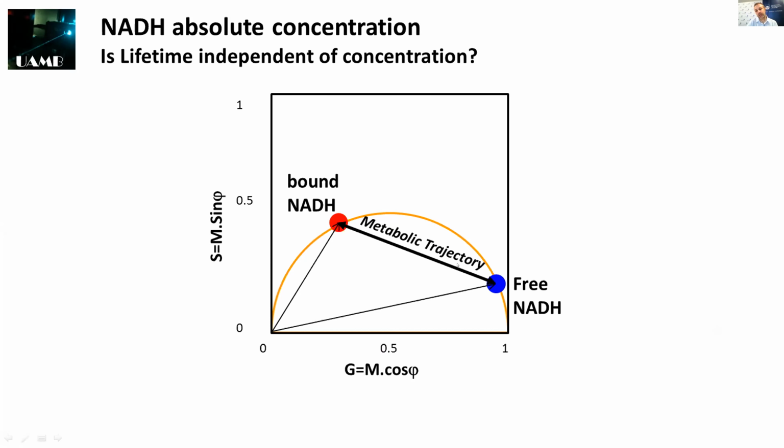A change toward free means that we have a higher glycolytic condition in our cells. When they move back to bound NADH, it means that the cells are closer to oxidative phosphorylation, but the concentration is not present here.